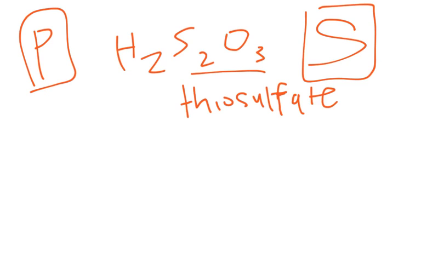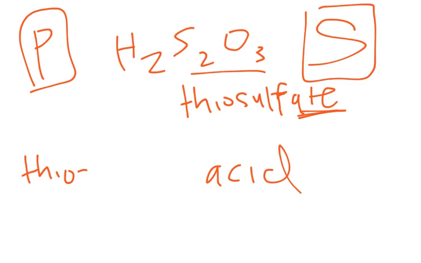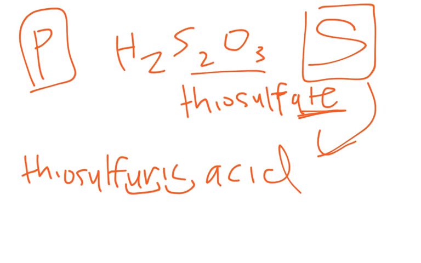So for this one right here, since it ends with an ate, we will call it something ic acid. We would call it thiosulfuric acid because we add the UR and the ate becomes an ic. So that's one case where you would use that sulfur rule I taught you.